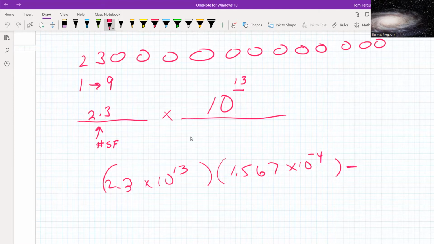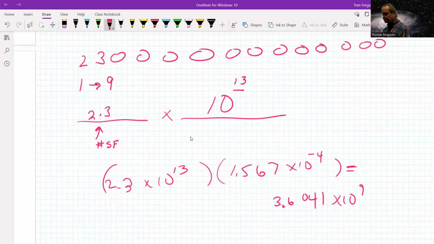Times 1.567 EE, change sign, not subtract, change sign, 4. I want everyone to do that on their calculators and tell me what the right answer is.